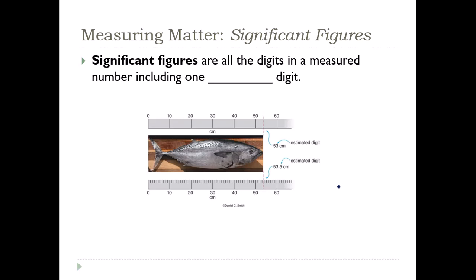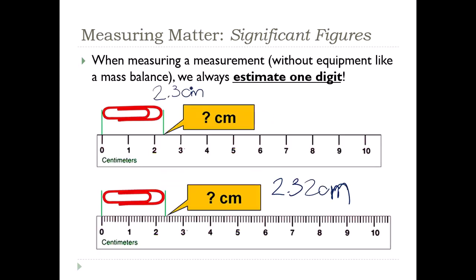And so significant digits or significant figures are all the digits in a measured value, including one estimated digit. So this one would have 3 significant figures, all the values including one estimated digit, and this one would have 3 significant figures.